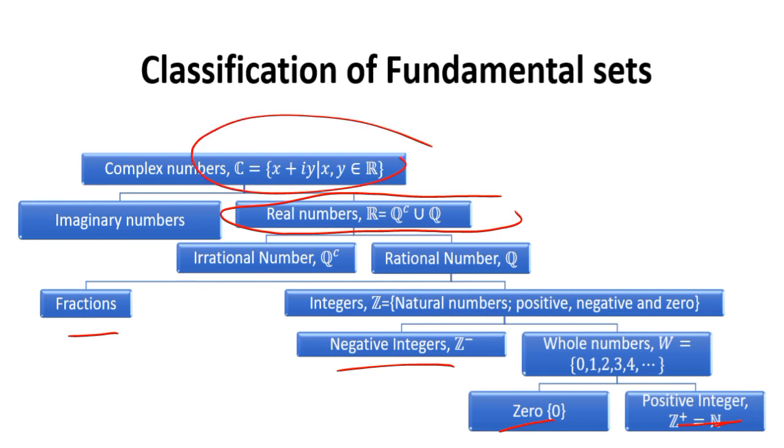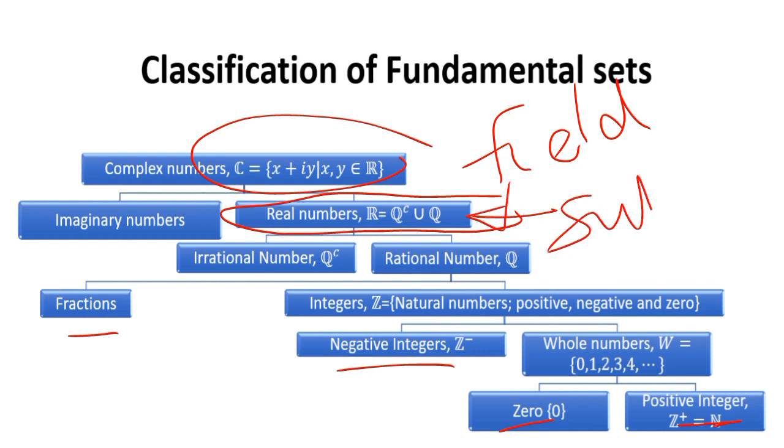And we know the complex numbers are fields, right? And this is contained in it. So because this is contained in it, it's also a subfield of the complex numbers, because the real numbers are fields themselves, aren't they? But when we're referring to them in the context of the complex numbers, they are called subfields. Okay, so that we know now.